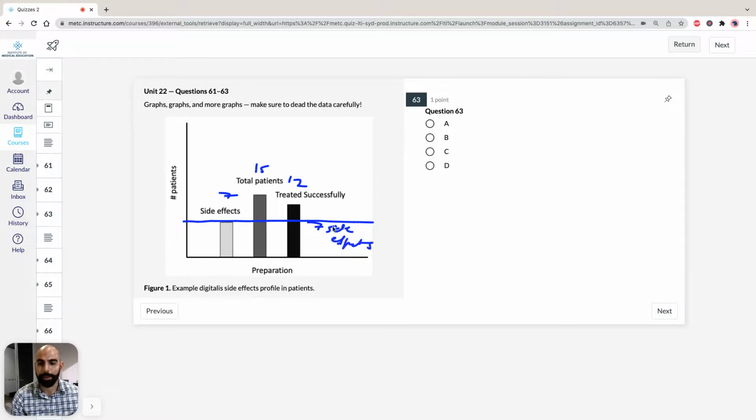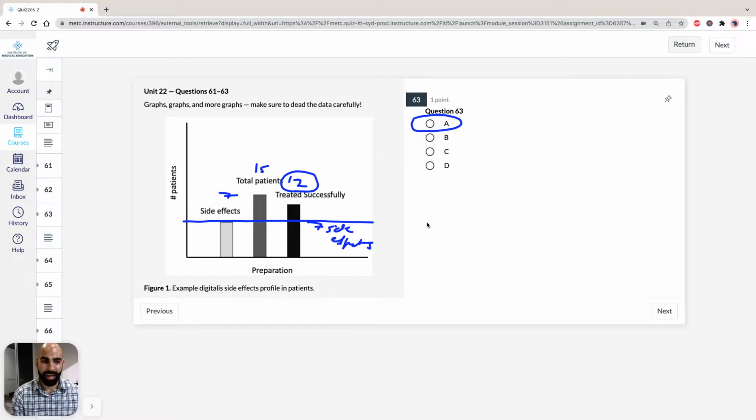Now if 7 people had side effects who were treated successfully, what we're left with is patients who don't have side effects who were not treated successfully. Keep that in mind. We have no more patients who had side effects because we've put them all in the successful pile, which means patients who weren't treated successfully, none of them are going to have side effects because all of the side effects are in this population here. So for the answer to 63, it has to be 0.